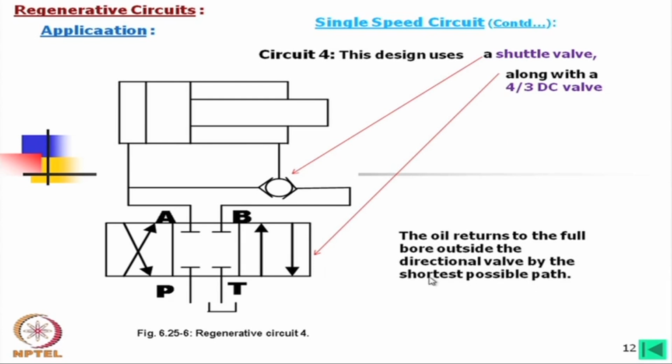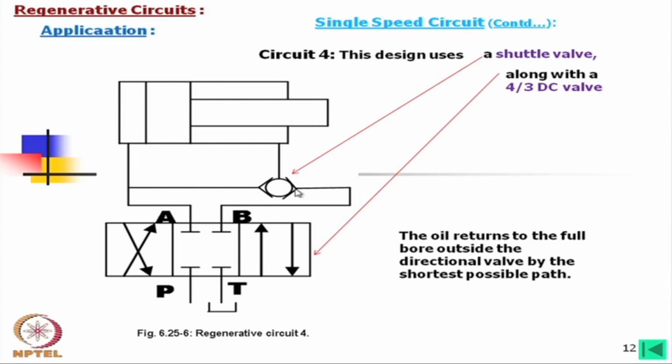This means, when we operate the right hand side of this valve, then definitely this oil flow is going in these directions, and the oil coming back from this side, as there is a shuttle valve, this shuttle valve will automatically mix with this one.